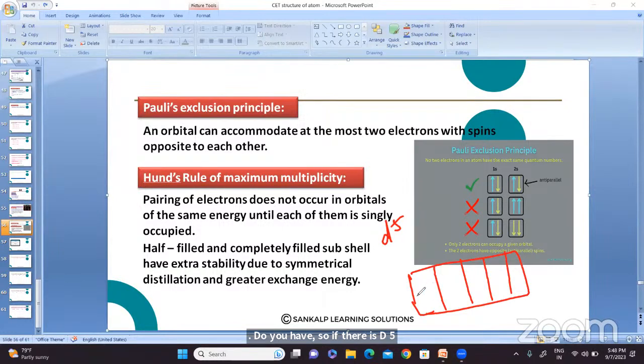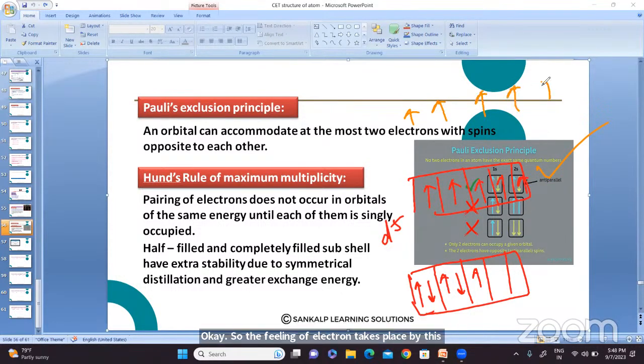So how will the electron filling take place? 1, 2, 3, 4, 5, is it like this, or is it paired first? The filling of electrons takes place by this method: first the electrons are singly filled in the orbitals, and then the pairing takes place.